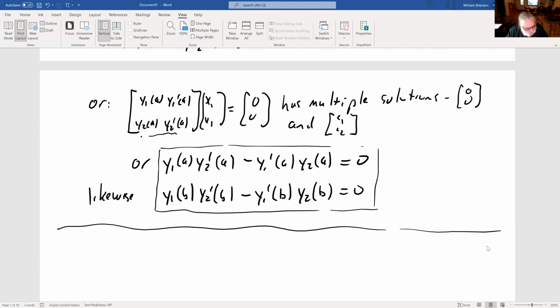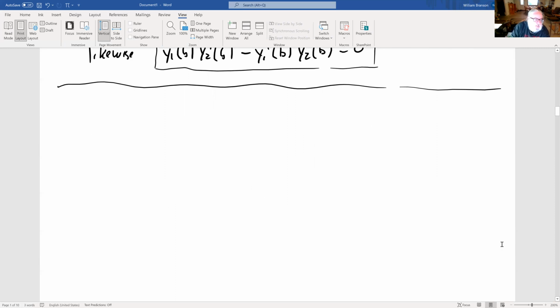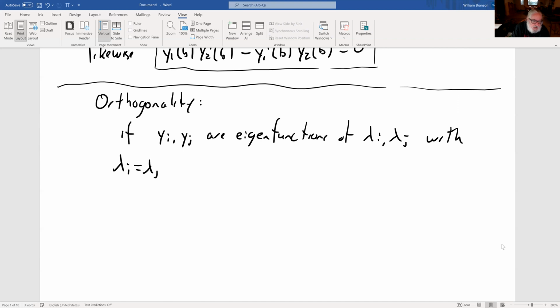Okay, so what we want to show is the following. We want to show orthogonality: if yi, yj are eigenfunctions of lambda i, lambda j respectively, with lambda i not equal to lambda j, then the integral from a to b of yi yj r of x dx equals 0.